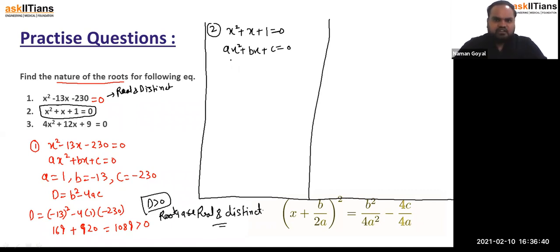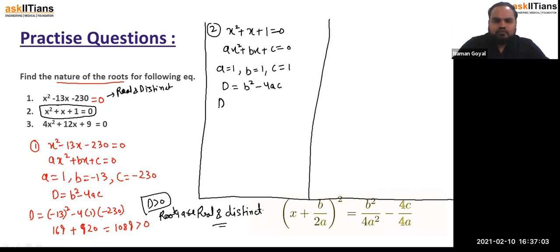So if we see, this is what? A is 1, b is 1, and c is also 1, right? A is 1, b is 1, and c is also 1. So the value of D we know, which is b square minus 4ac.